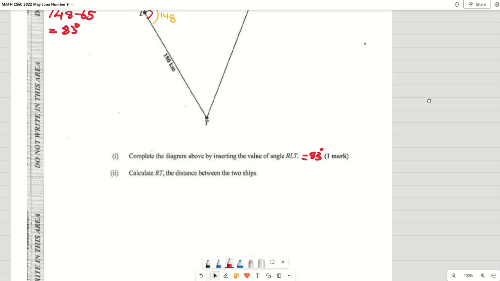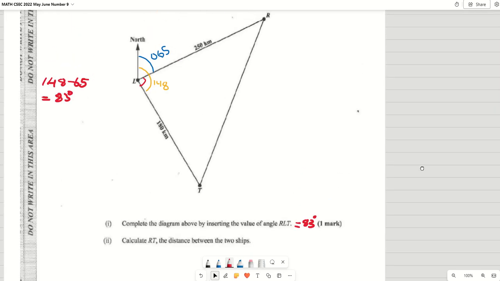Let's do the second part. Calculate RT, that is the distance between the two ships. Now we have two sides and the included angle, which is red, and they want to find the next side. Immediately you will think, okay, I need to use either sine rule or cosine rule, since this is not a 90 degree triangle.